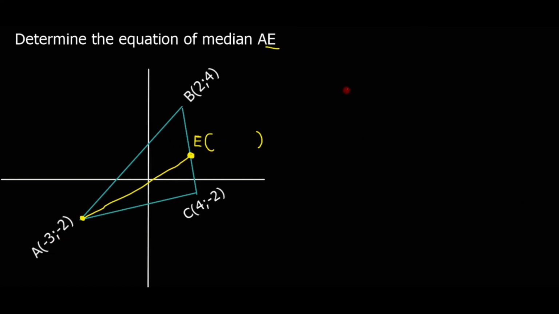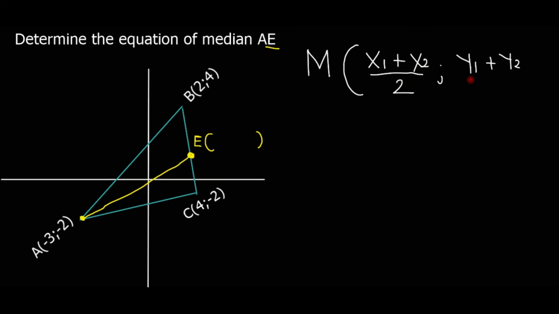So we use the midpoint formula to find the coordinates of E, because E is the midpoint of BC. The midpoint formula says (x1 plus x2) divided by 2, and then (y1 plus y2) divided by 2.